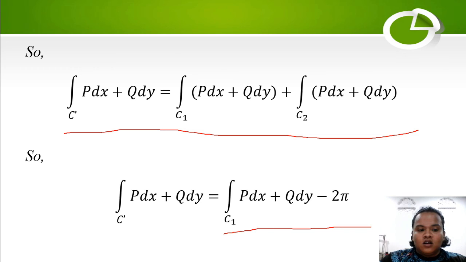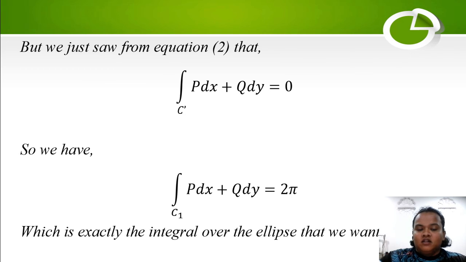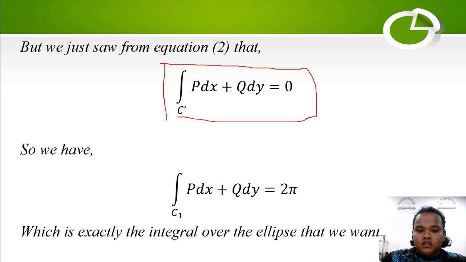Now we will solve the equation 2 that the integral over C prime of P dx plus Q dy will be 0. Because of that, we will get the integral over C1 of P dx plus Q dy will be 2 pi, which is exactly the integral over the ellipse that we wanted.